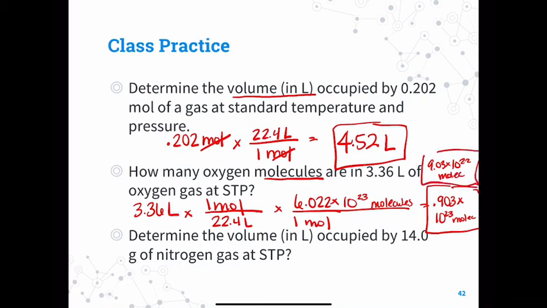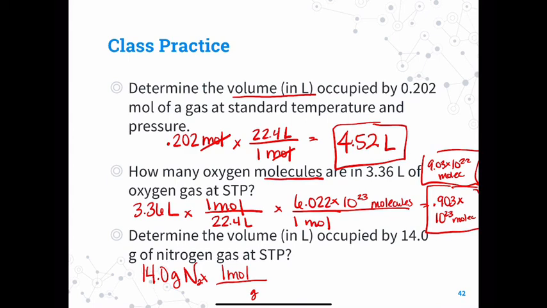Okay. And then the last one, I'm running through these really fast because I feel confident in your ability to do them. So determine the volume in liters occupied by 14.0 grams of nitrogen. So this is nitrogen 2 because it's a Hofbrinkel, N2. Okay. So we're going to have to do a gram to mole conversion here. So again, we're just doing a little bit of stoichiometry.